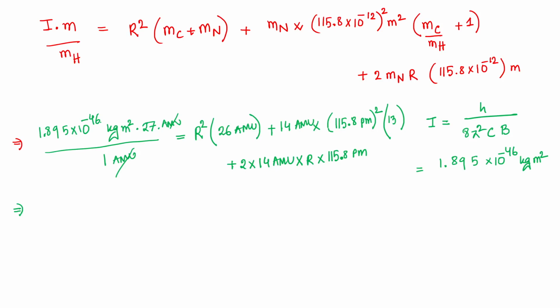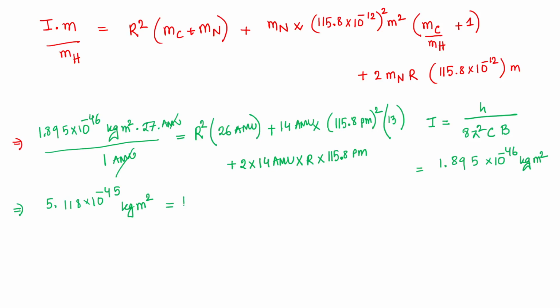27 into this would give us 5.118 into 10 to the power minus 45 kg meter square.